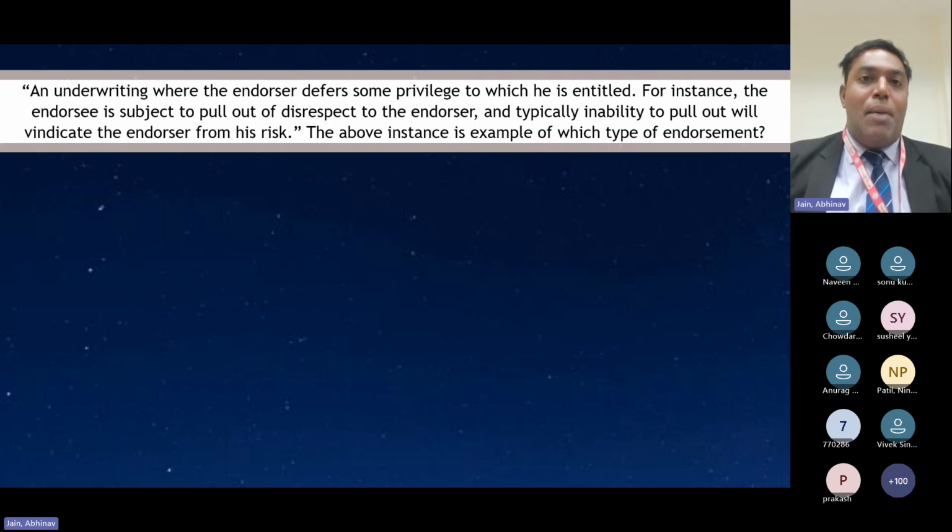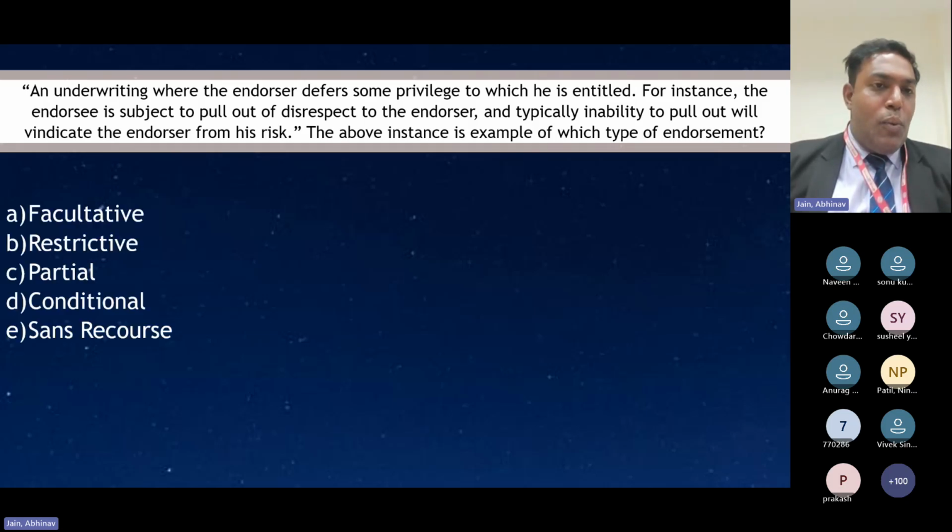Suppose I have some privilege as an endorser and I don't want to take it, I give away such privileges. It might be in any form. Then what would the endorsement be called? Facultative, restrictive, partial, conditional, or sans recourse?